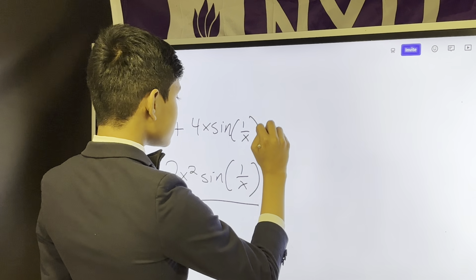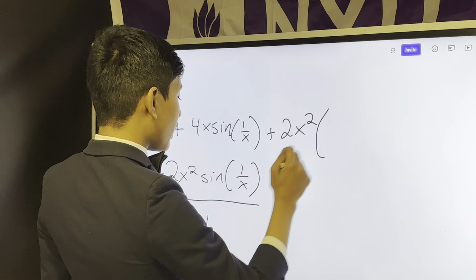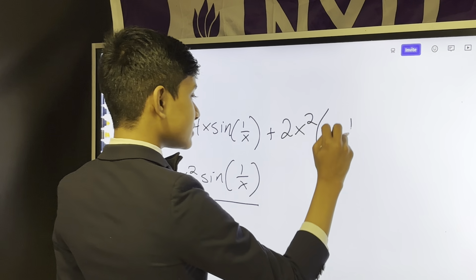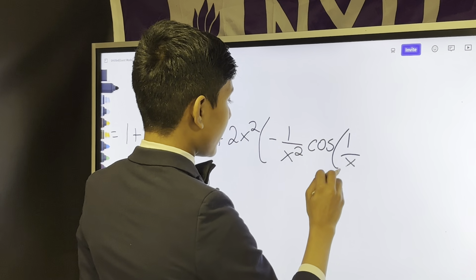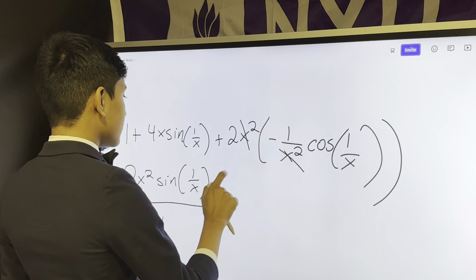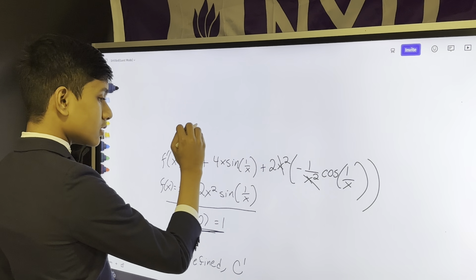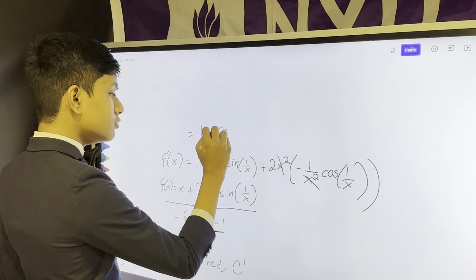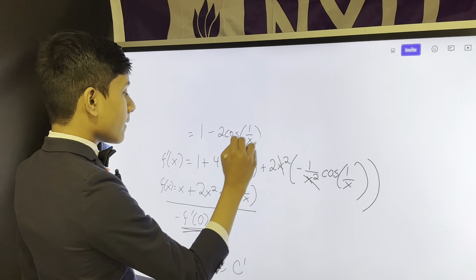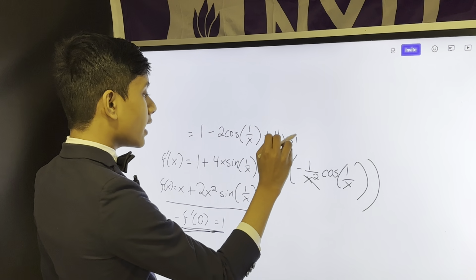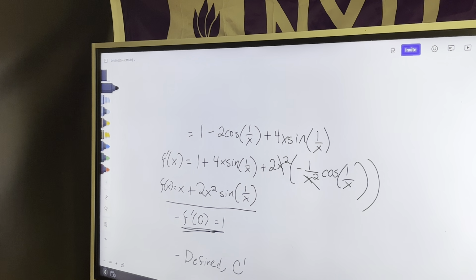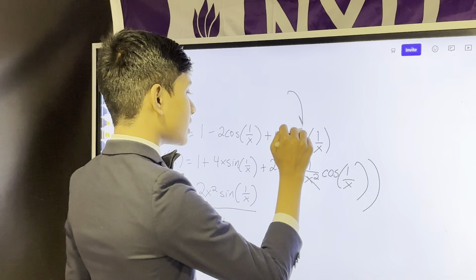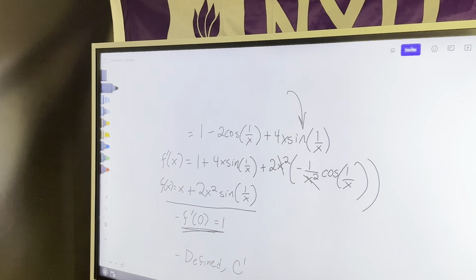So we're going to have plus 2x squared multiplied by what? Negative 1 over x squared times cosine of 1 over x, which cancels this out and gives us 1 minus 2 cosine 1 over x plus 4x sine 1 over x, which means clearly it's not too approachable at x equals 0, right? Because we have this giant glaring thing right here.